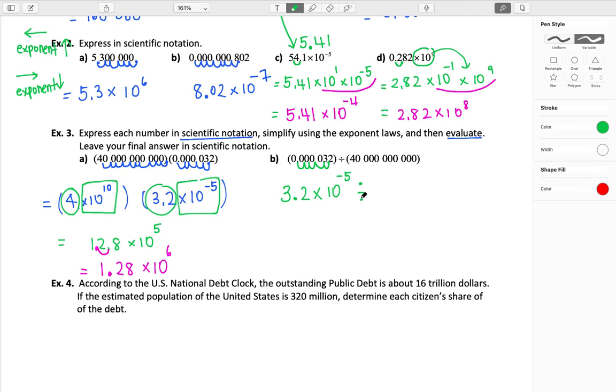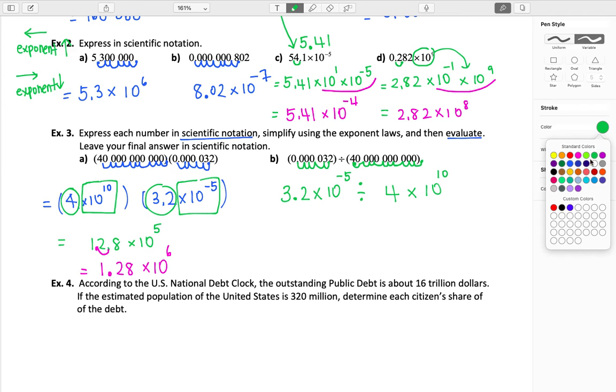Divided by, it's a big number, so there's an invisible decimal here. We're moving to the left. So 1, 2, 3, 4, 5, 6, 7, 8, 9, 10. So 4.0, or you could just write 4, and then times 10 to the 10.